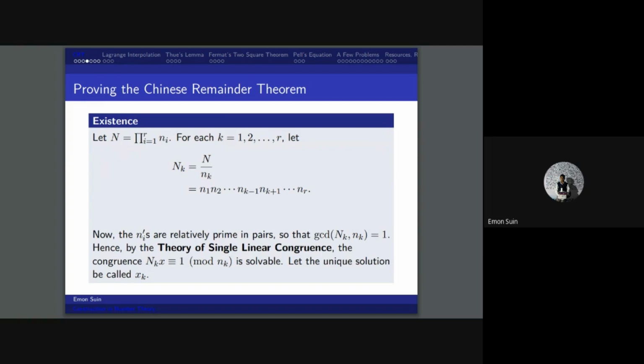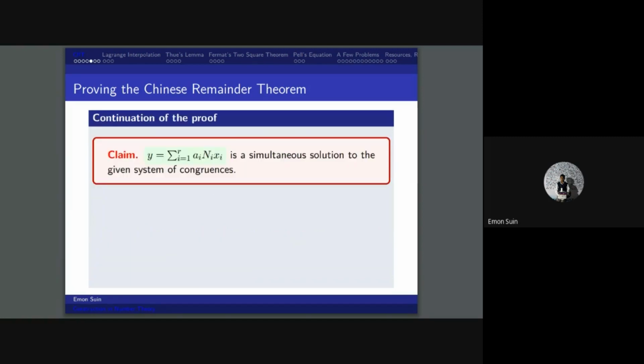Okay, so we now follow this. We assume the unique solution to be called xk. And we make an outrageous, bold claim that y, the summation of ai Ni xi, where i runs from 1 to r, is a simultaneous solution to the given system of congruences.